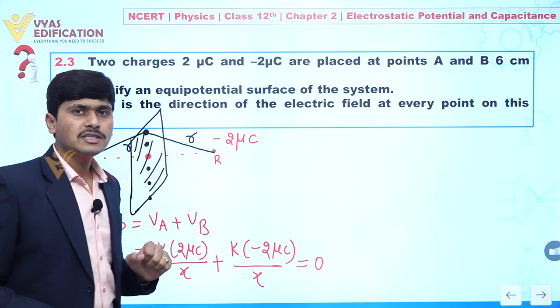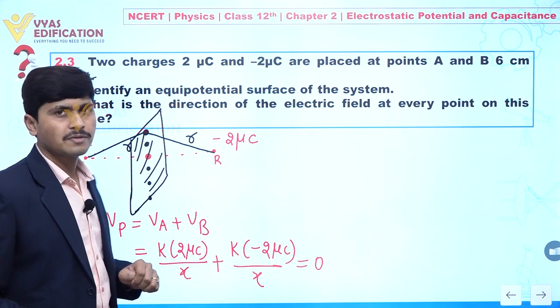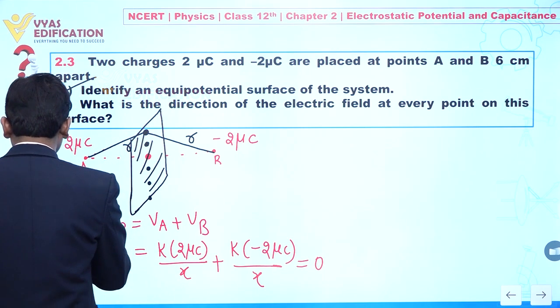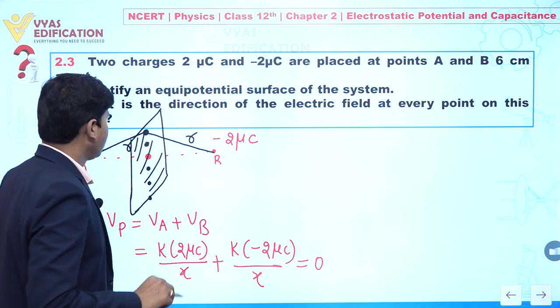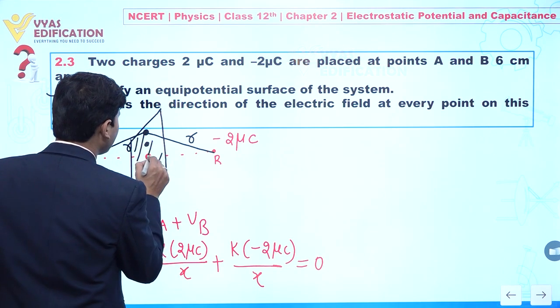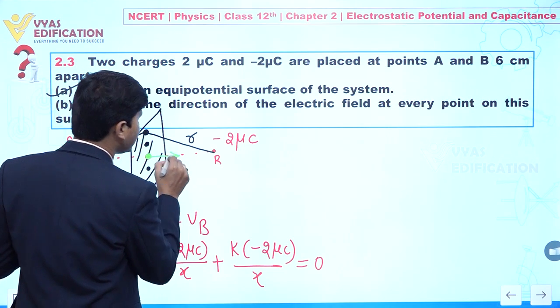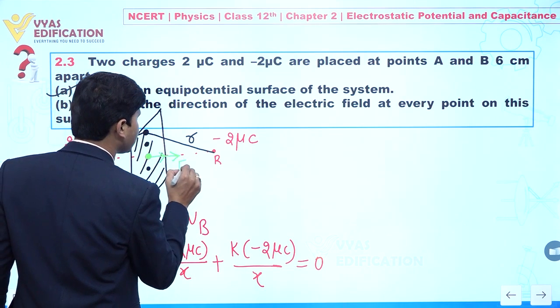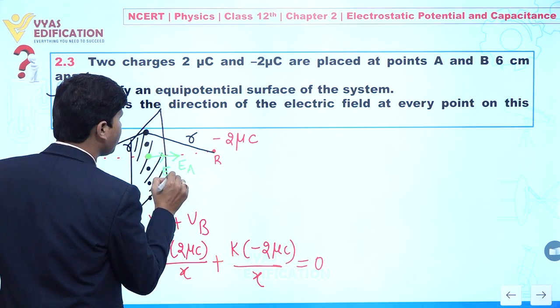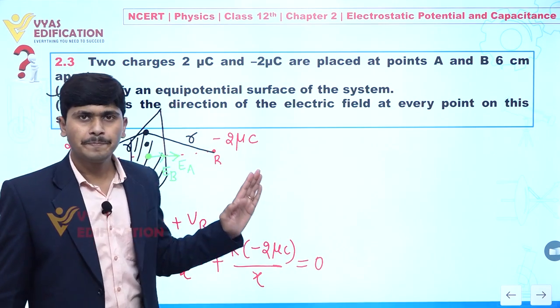Now the next question is: what is the direction of electric field at every point on the surface? Now listen carefully. If we talk about direction, at point P this is a positive charge, due to this charge electric field is in this direction, and due to this negative charge electric field is in this direction. So this is EA and EB, and direction of electric field is always from A to B, clear.